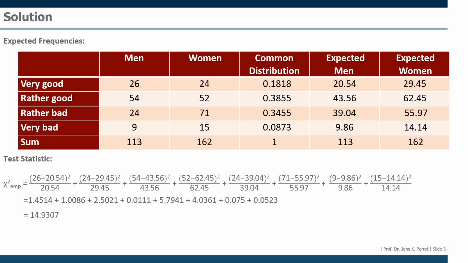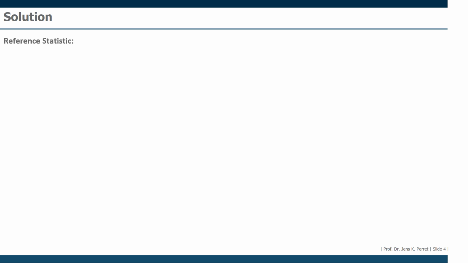That's what we're going to use to compare to the reference value from the table. So that's actually the next thing and the last thing we need before we can conduct our test. That's the reference value. How do I get the reference value? Well, for the homogeneity test, that's simply chi-squared, I minus 1, 1 minus alpha. The I, that's the number of categories.